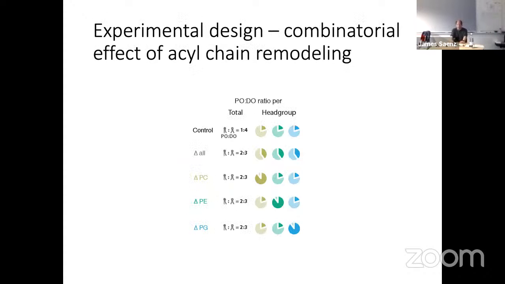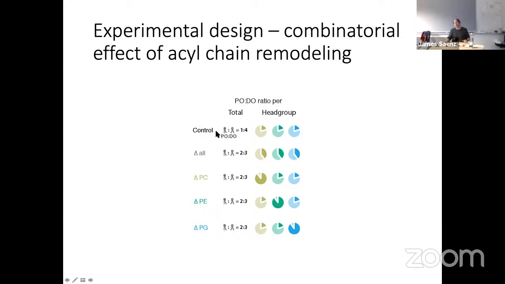Okay, so that led us to design an experiment where we made liposomes, so synthetic membrane vesicles, with 3 different lipid classes, PC, PE, and PG. And each lipid class was made up of 2 lipid species. One species had palmitate oleate, and the other species had 2 oleates. So one lipid had 1 double bond, and the other had 2 double bonds. And those are abbreviated here as PO and DO.